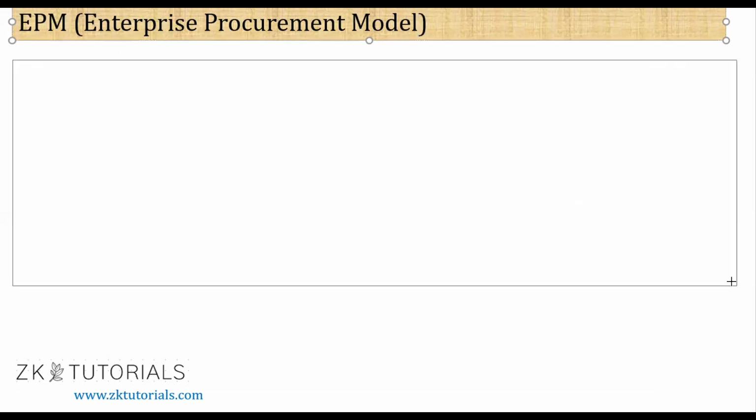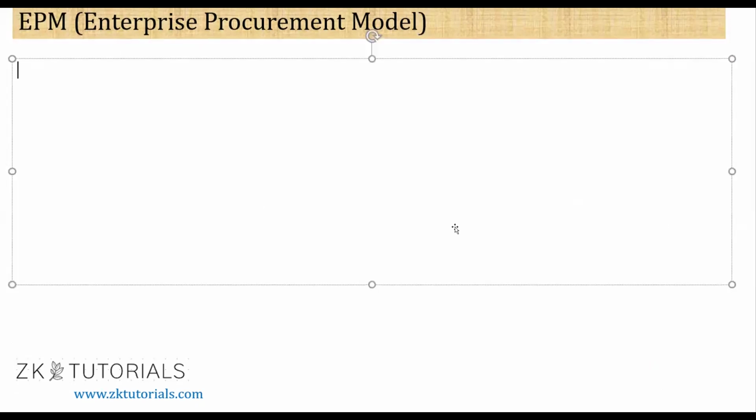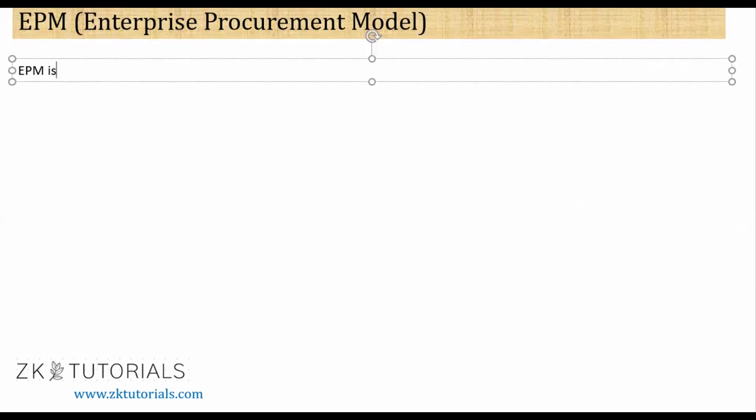If I write down some points, EPM is an end-to-end application provided by SAP for demonstration and testing purposes. Is this clear, guys? The EPM data model is based on a demo scenario, and this will help you understand the concepts of ABAP on HANA.